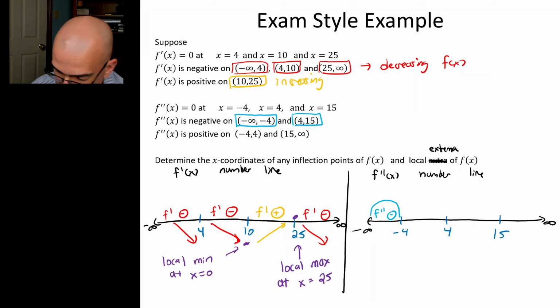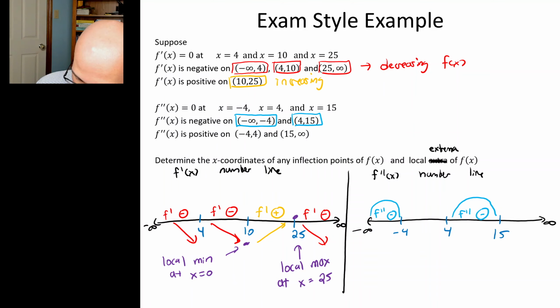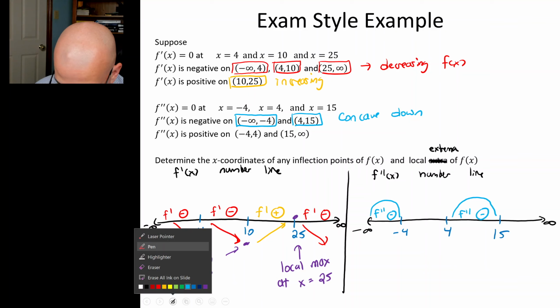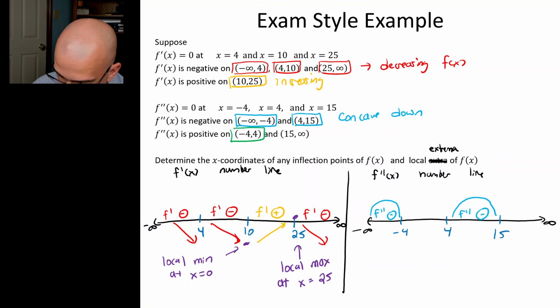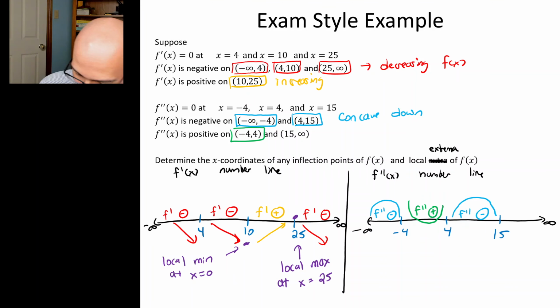And the same thing's happening from 4 to 15. And we have f double prime positive in the other two regions, from -4 to 4 and from 15 to infinity.